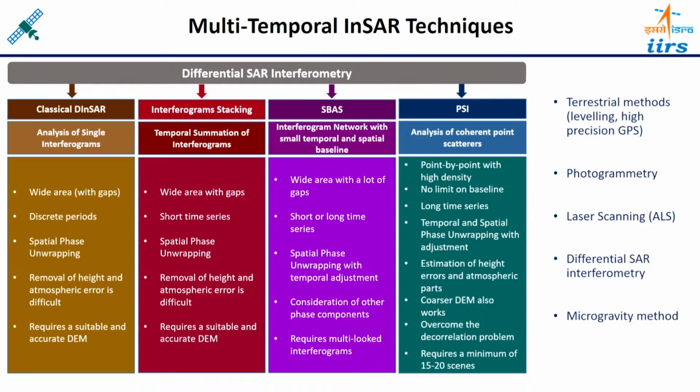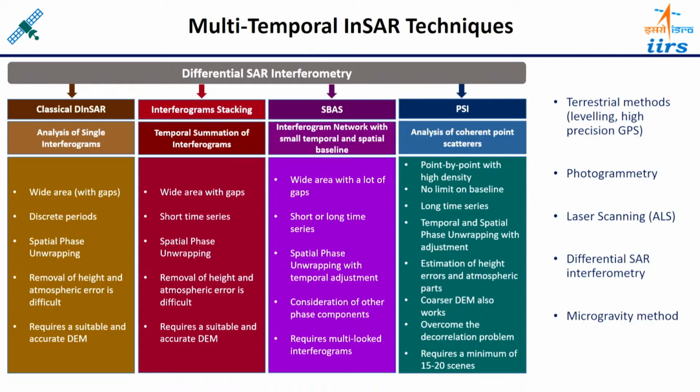This technique also requires a very accurate DEM. If you do not have a very high resolution DEM, the accuracy of measurement of classical InSAR will be poor. But these advanced techniques, SBAS and PSI, don't require a very high resolution DEM.